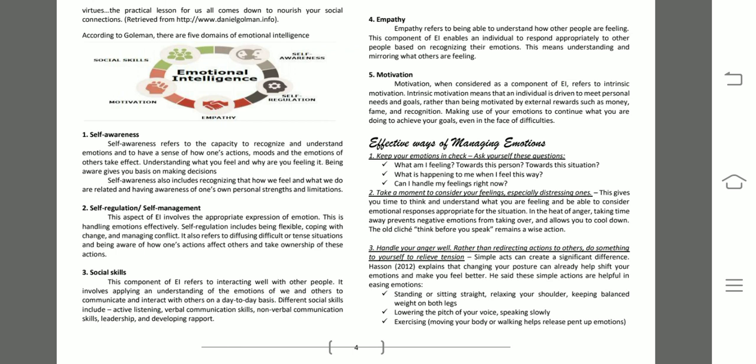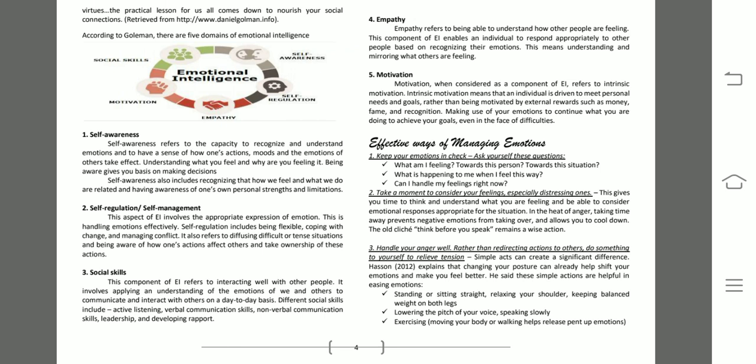Self-regulation includes being flexible, coping with change, and managing conflict. Okay? It is also to diffuse difficult or tense situations and being aware of how one's action affects others and take ownership of this action. So, yun yung self-regulation and self-management.